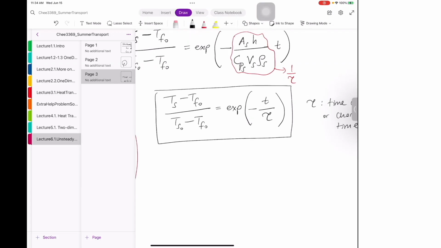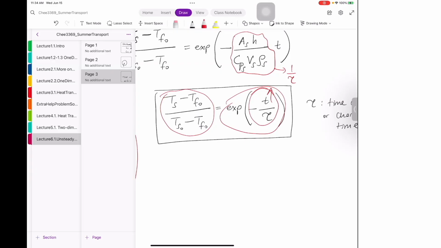You can see that Ts gets closer and closer to Tf0 because, if you have a look at this exponential, as time passes, you're going to see that it gets smaller and smaller and attenuates to 0.